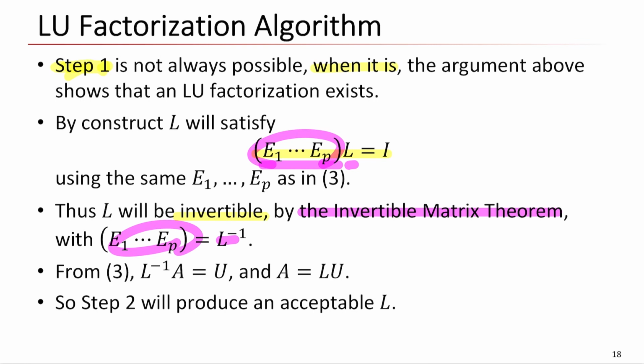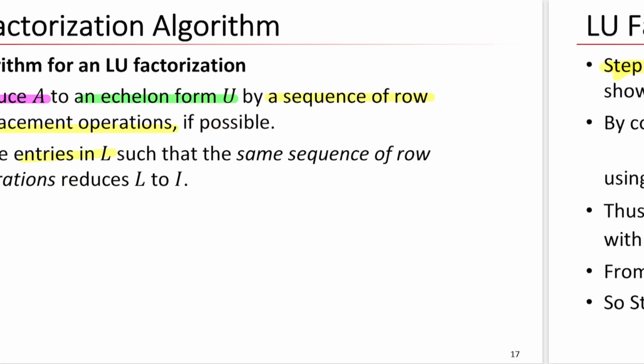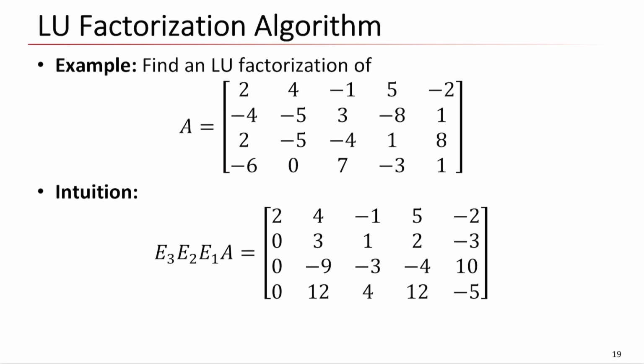So we can say that inverse L times A is equal to U, so A is equal to LU. This is a very intuitive explanation of step 1. And the step 2 procedure will produce the acceptable L. Then we will see how we can estimate the matrix L from the original matrix A. Before that, let's see the intuition first. Let's see the example.